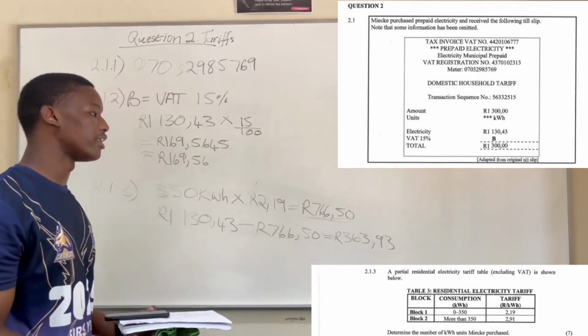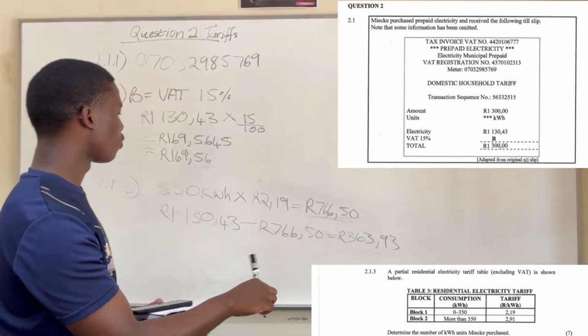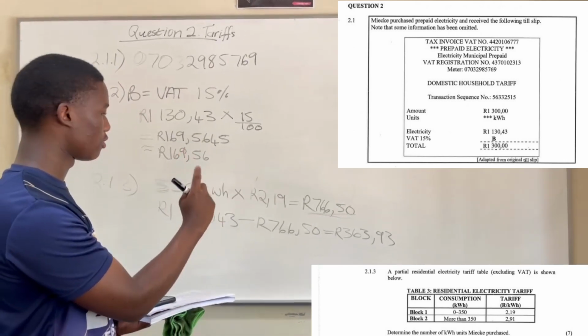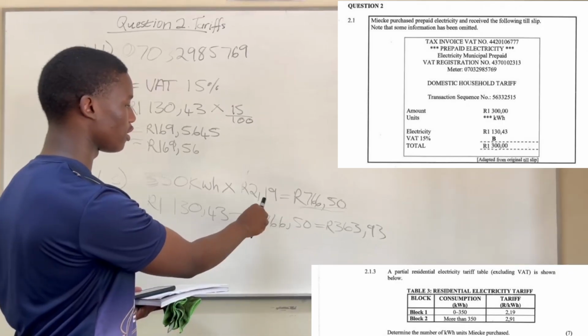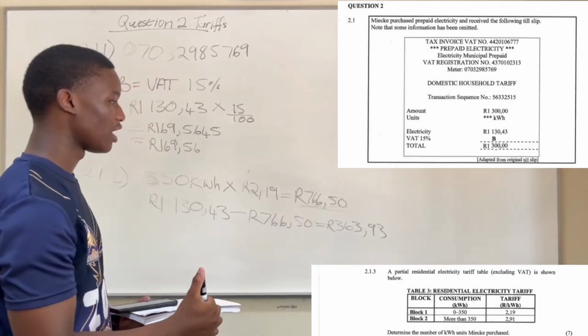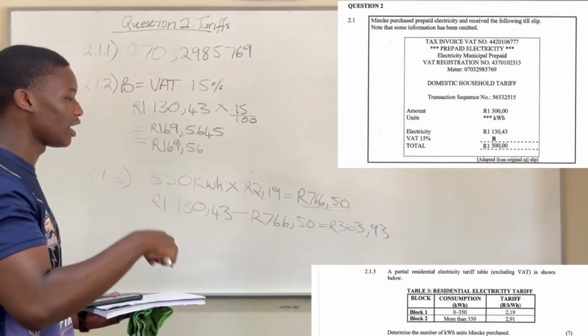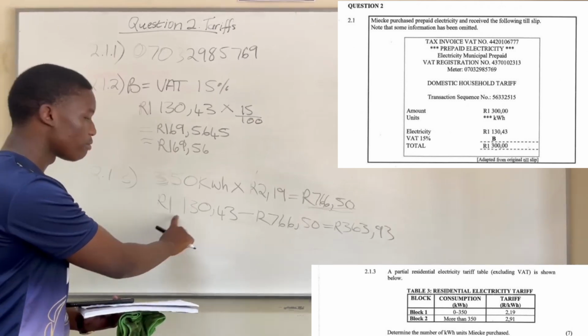And then after you did this, you calculated for the first block. For the first block, 350 multiplied by the tariff of the first block, and then got this one. And then you know that in total he paid this much.